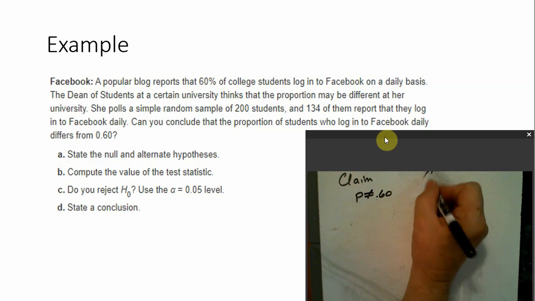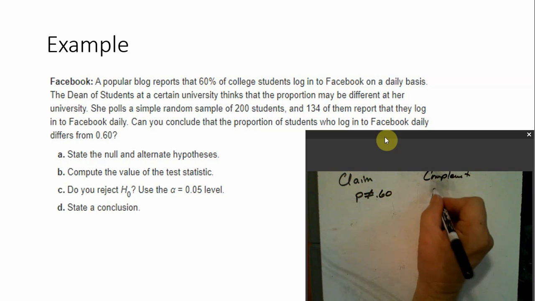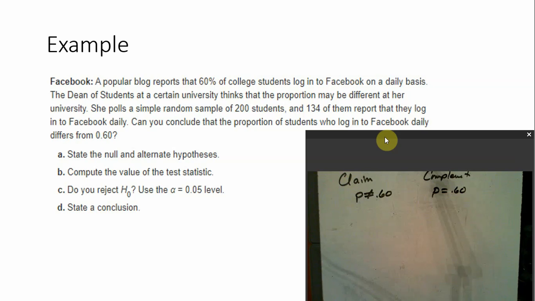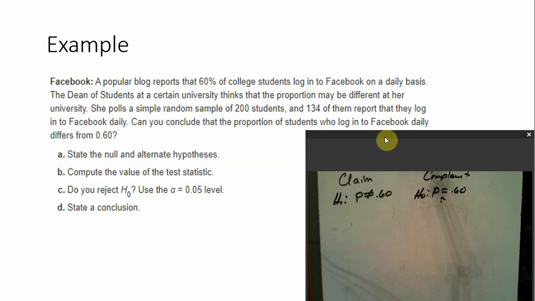As always, I want to write the complement. Here I'm going to write p equals 0.60, and then assign my H0 and H1. H0 always goes with the equal sign, so there's my H0. There's my alternate, and the alternate tells us that we're going to do a two-tailed test.